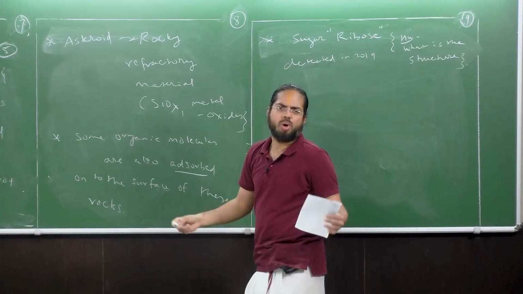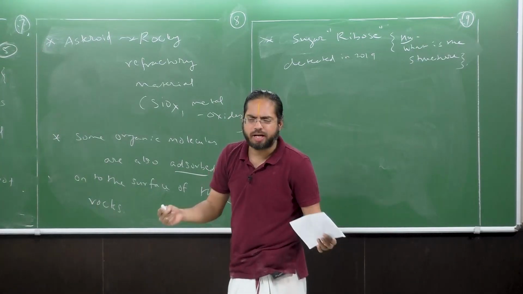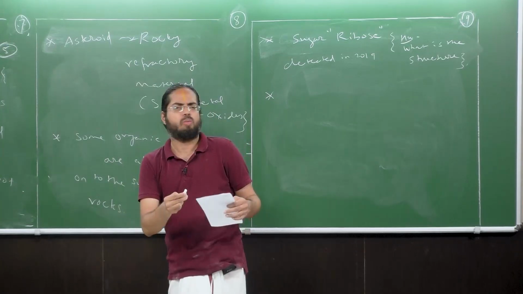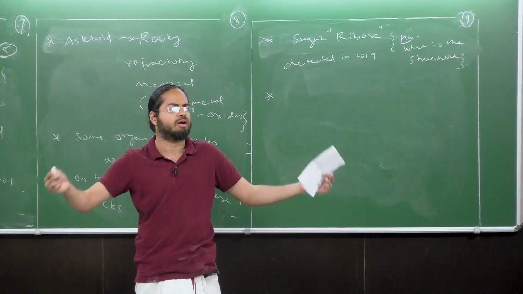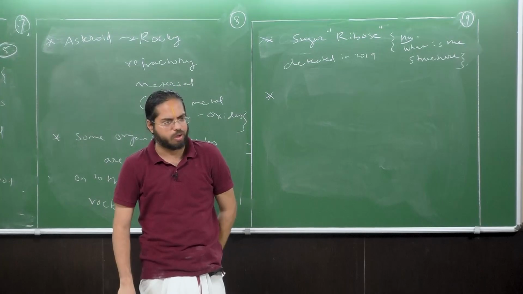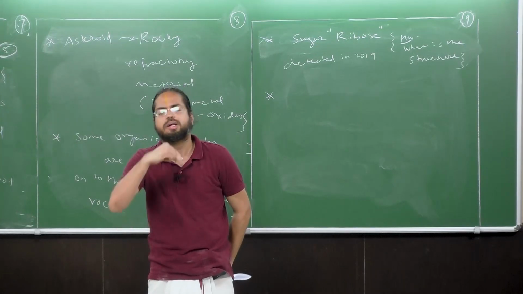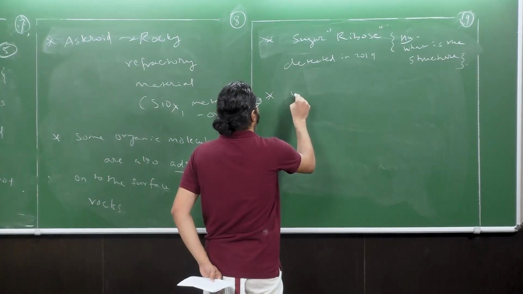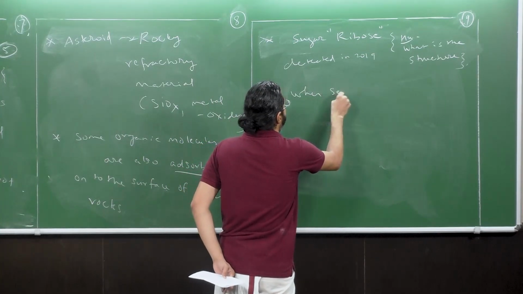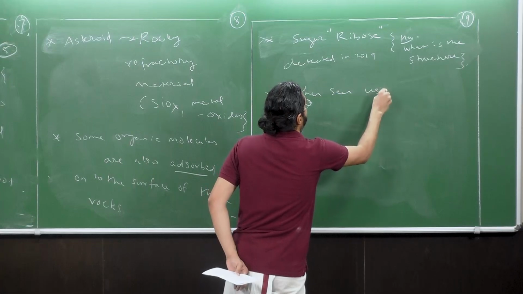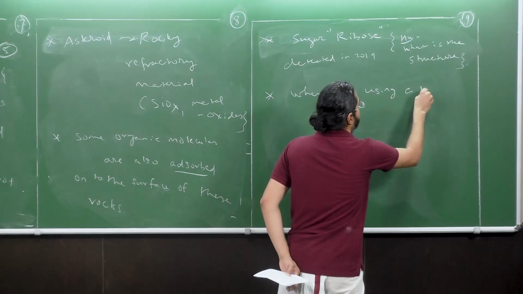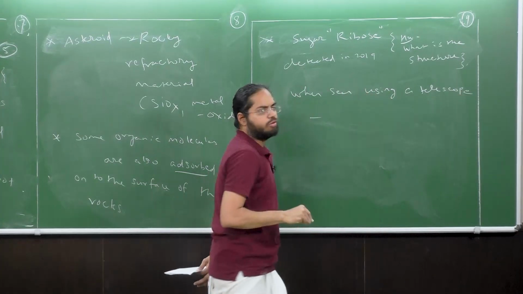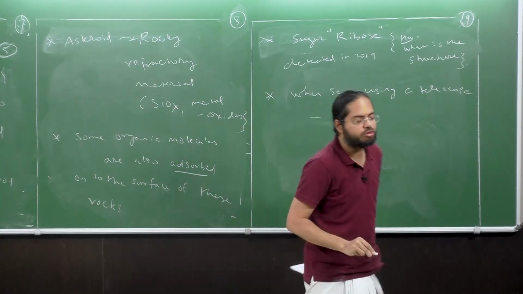And then what about the dimensions of an asteroid? An asteroid can be as small as 1 meter, or it can be as large as having a diameter of 1,000 meters. Another point about asteroids is that when seen using a telescope, they appear as bright spots more often than not.